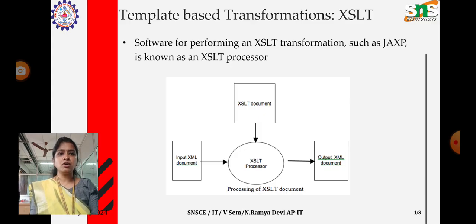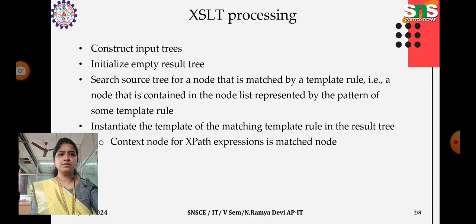The XML document is a plain text document which contains only the data, and it has been stored by a web browser, and then it is retrieved by using the XSLT transformation. An XSLT document contains the template match for how the data in the XML document is to be retrieved, and both are sent to the XSLT processor, and then we will get an output document.